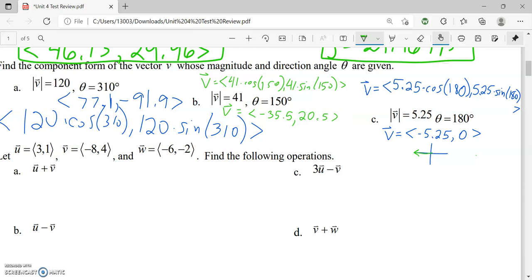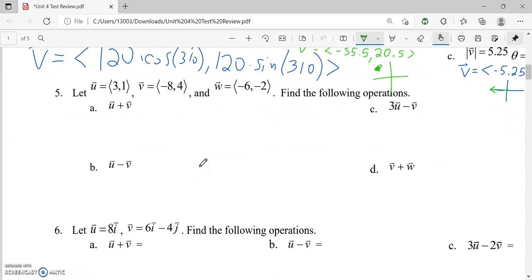You guys check your numbers again. If I were to graph that, 150 degrees, where does 150 put me? From positive x-axis, that's 90, that's 180. So I should be somewhere in quadrant 2. Do my x, y values match that? Yes, negative x, positive y, and everyone's happy.